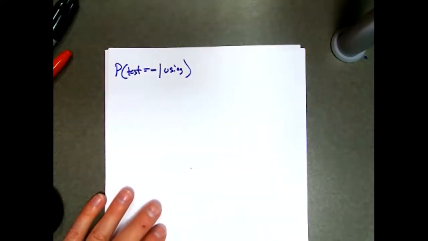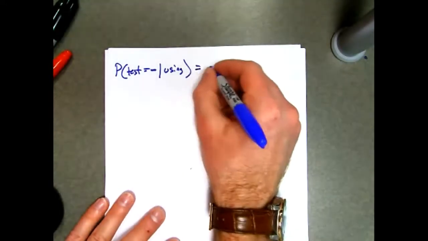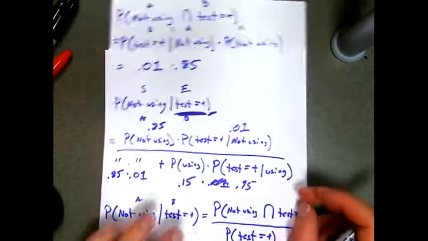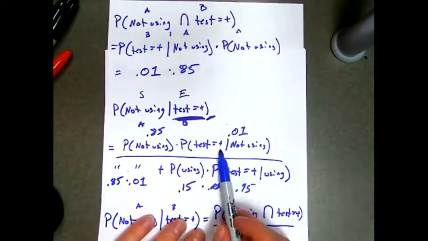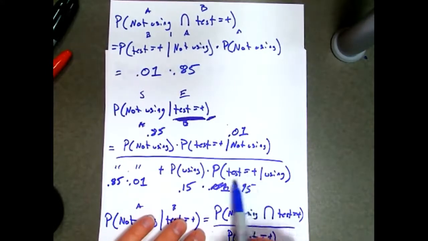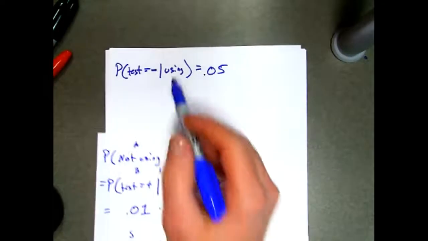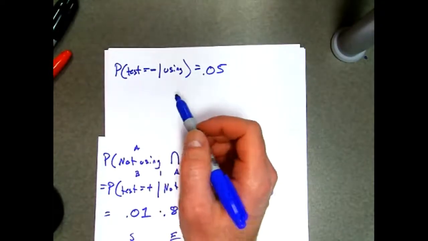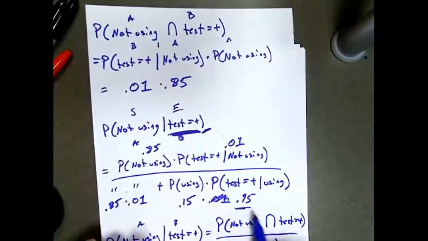And let me make sure this lines up with what we were doing earlier. So given that they're using, maybe I told you this was 0.05. Right? So when you start to plug things in, well, you want, given that they're using, the probability the test comes back positive, but you were only told that given they're using, the probability the test comes back negative. So you wouldn't have had this piece of information.